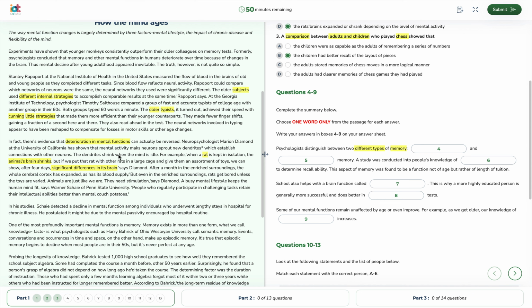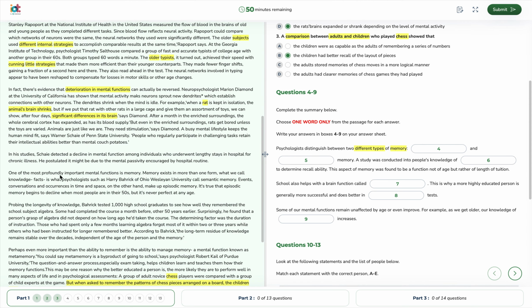The red one had nothing. And in this one, it's just a hospital routine, so nothing there as well. But if we go to this paragraph, let's read it. One of the most profoundly important mental functions is memory.